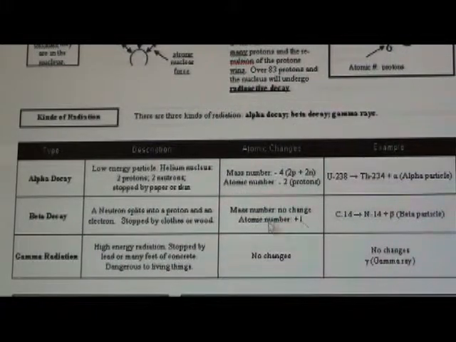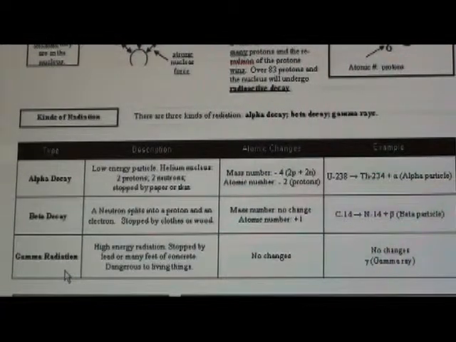But the atomic number is going to increase by 1. So for example, if I have carbon-14, the atomic number increases by 1, which changes carbon, 6, to nitrogen, which has the atomic number of 7. The mass number 14 stays exactly the same, and it's the beta particle that is emitted.